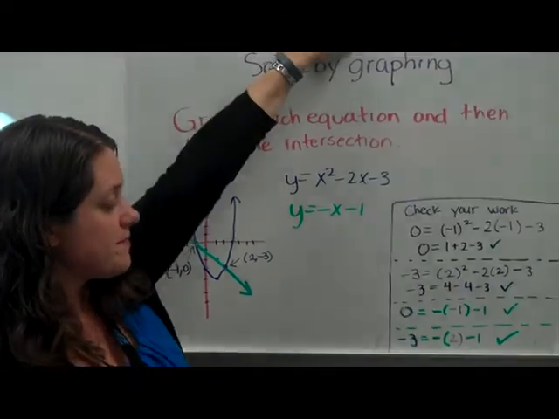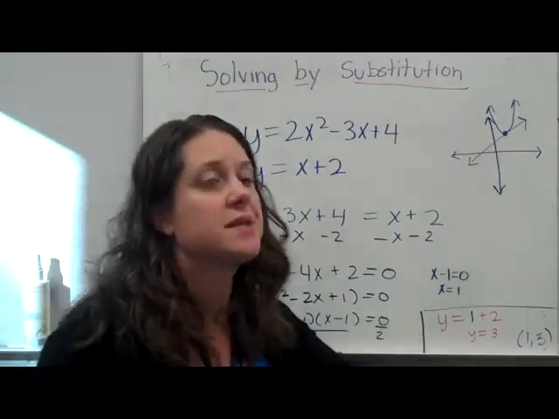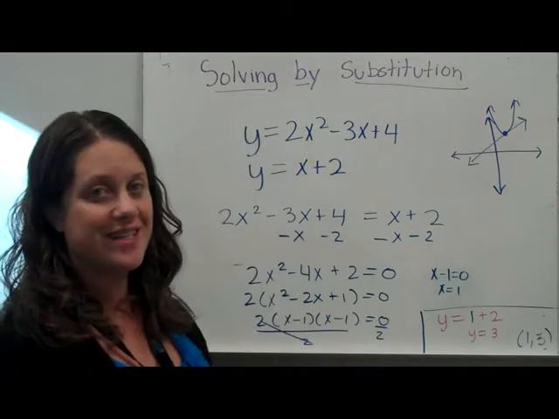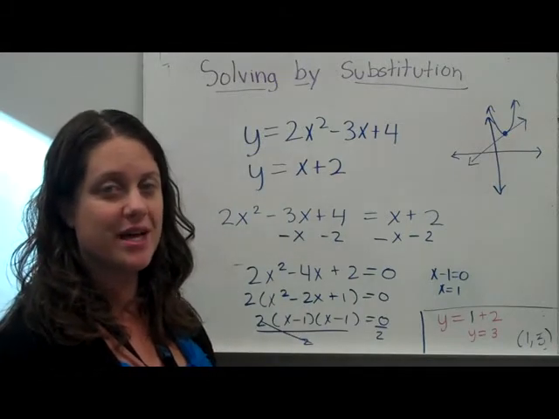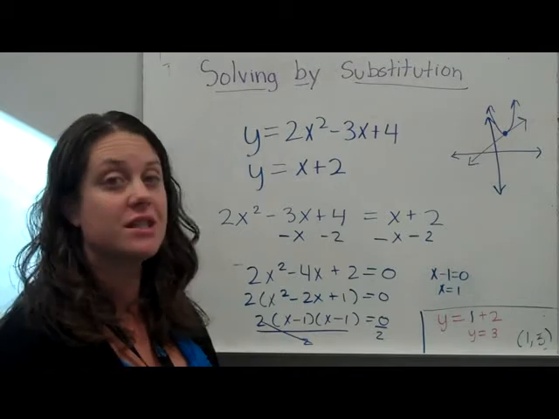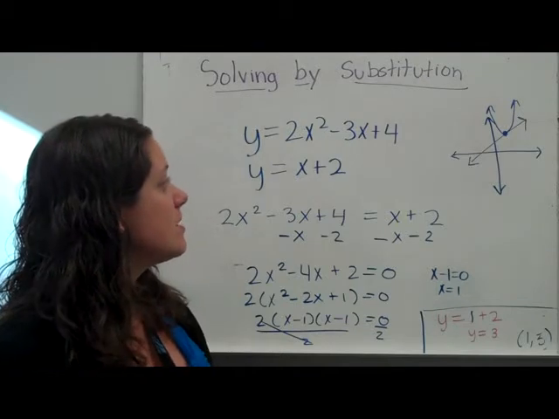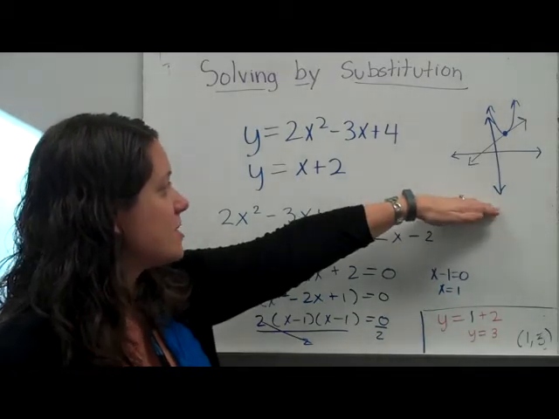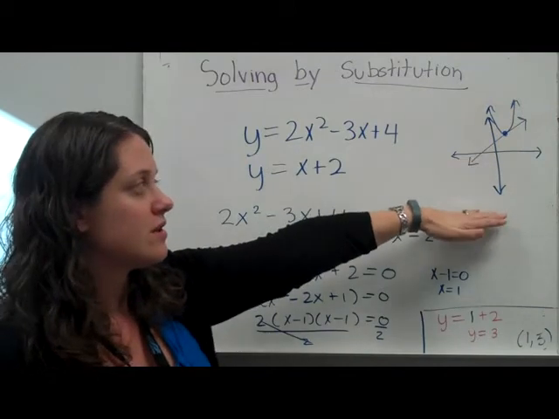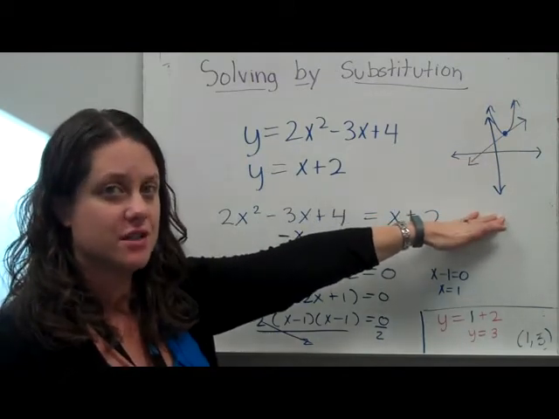Alright, so moving on. Another way to solve is by substitution, so hopefully you're seeing a similar pattern here, that it's the same methods to solve, it just looks a little different. Just to show you, if I sketch a graph of it, that's what it would look like, and I could also put it in a graphing calculator to check.